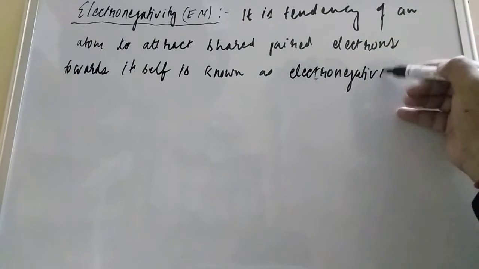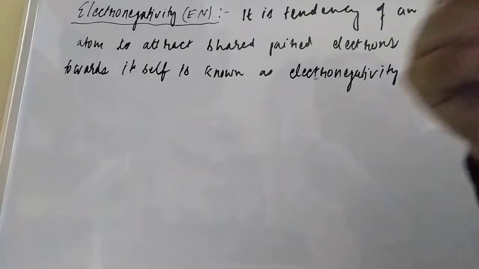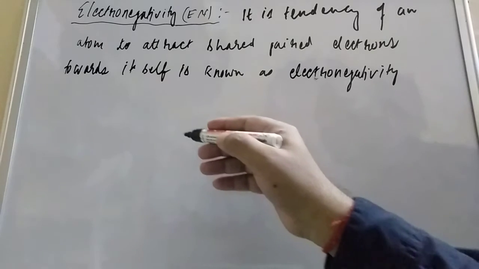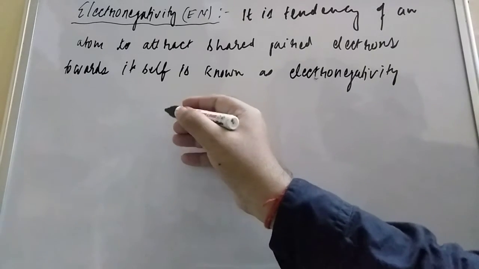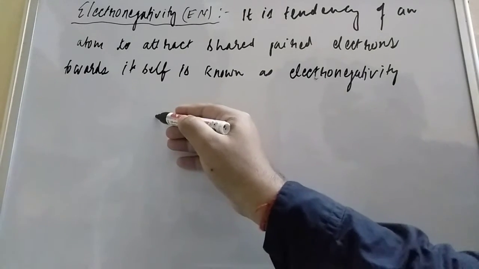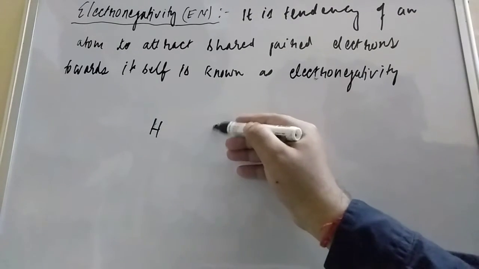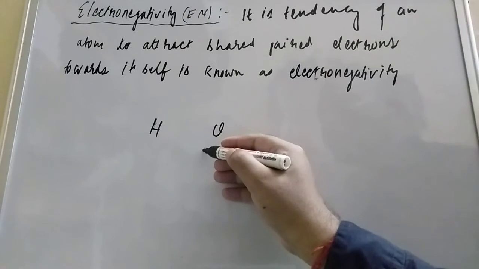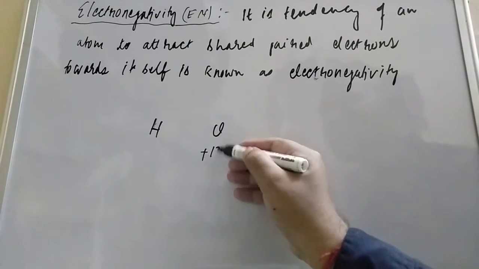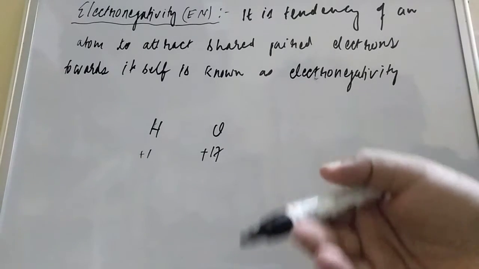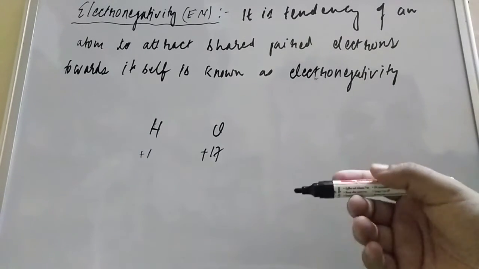Dear friend, try to understand this concept in a little more detail. Suppose you take any covalent compound, say HCl. Cl has a nuclear charge of plus 17 protons, and hydrogen has plus 1. We know that opposite charges attract each other.